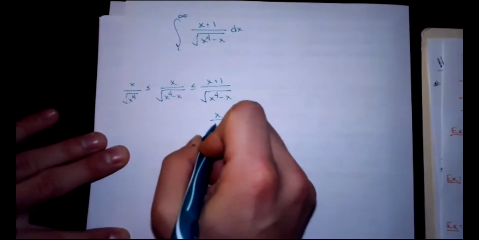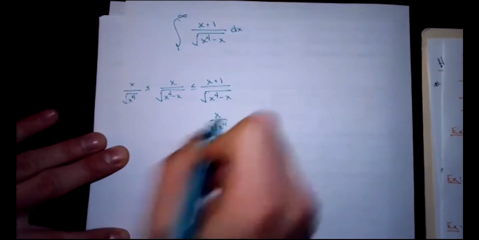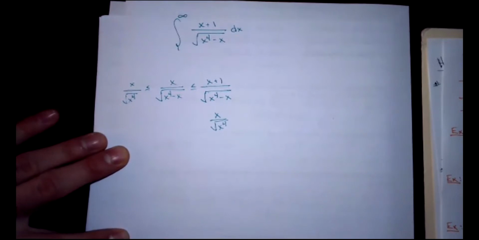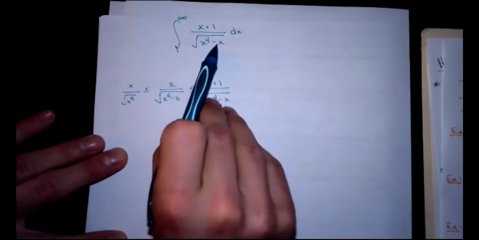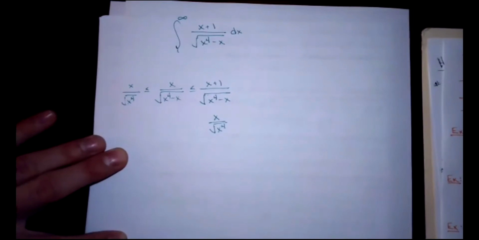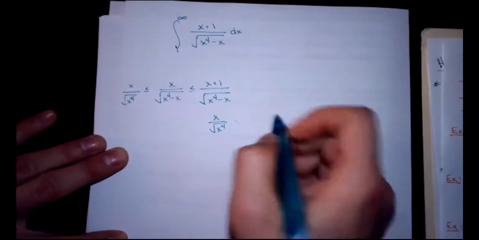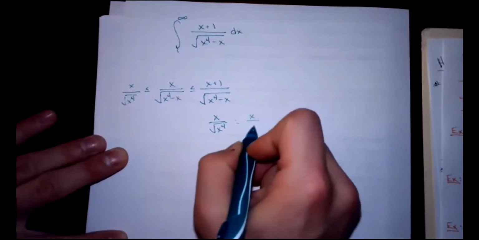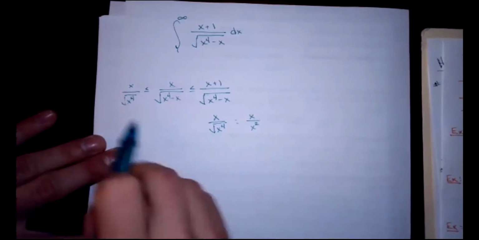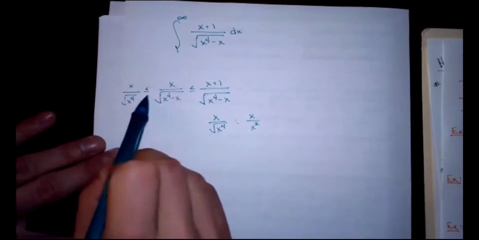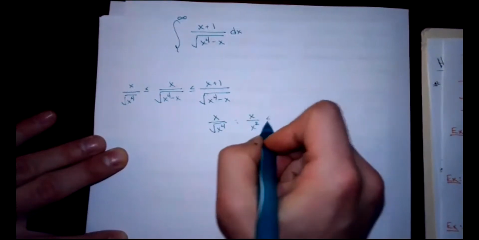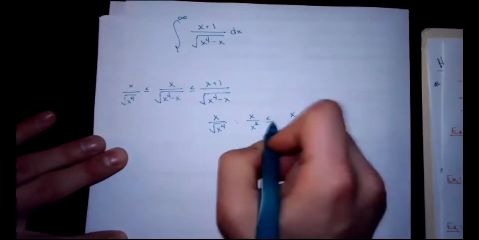Well, I've just got x over the square root of x to the fourth, and that's nice. This is why we like to get rid of these extra sums and additions, because now I can take the square root of x to the fourth, and that's just equal to x over x squared. And our comparison was that this function is less than the original function.